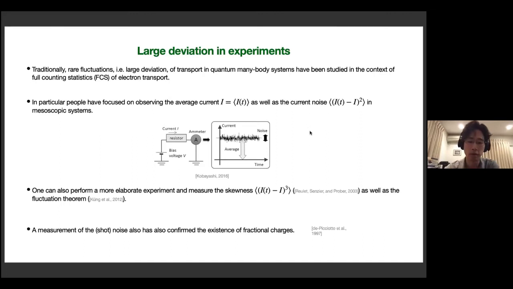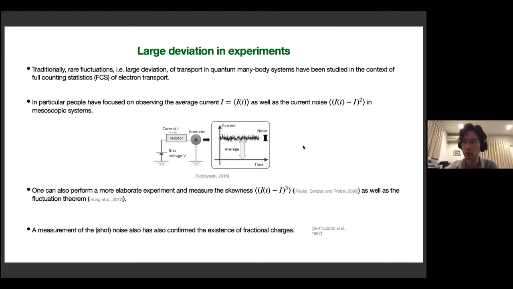For example, if you look at this kind of cartoon, it's very simple. Just some voltage is imposed on this macroscopic system, and there is current running through the resistor, and you could monitor the current as well as its noise from this ammeter. So you could really read off these two physically relevant observables from this kind of very simple experiment.